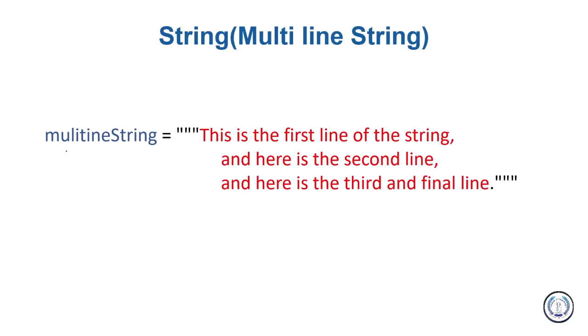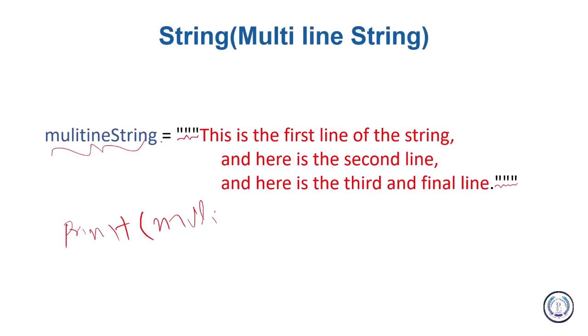So there is a way to declare a multi-line string, again using either 3 single quotes or 3 double quotes, and then 3 double quotes or single quotes to close, whatever convention you follow. And then you write the string in however many lines you want, and that one variable actually contains a multi-line string.